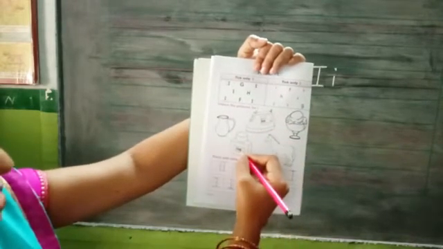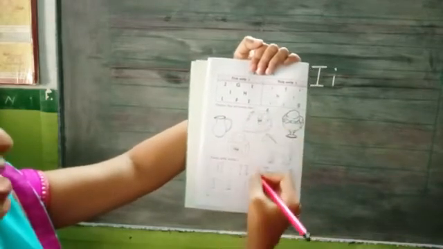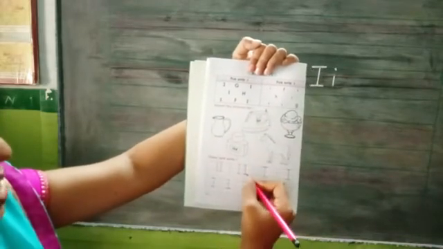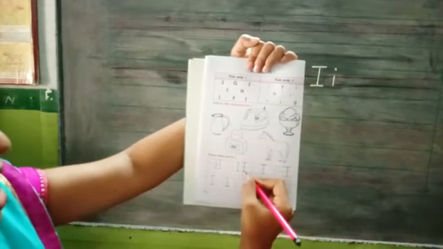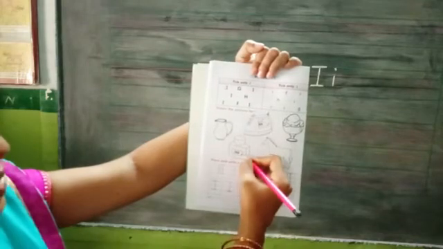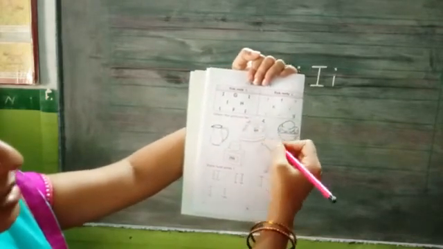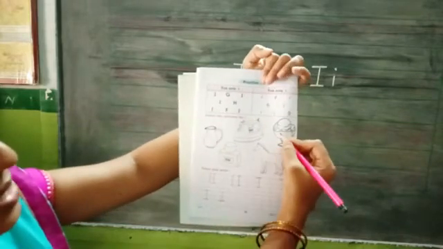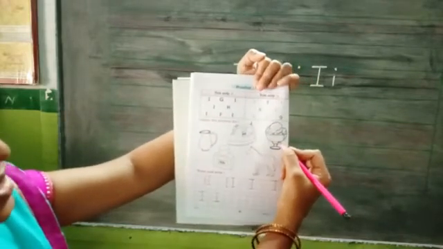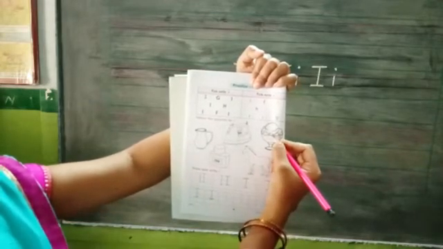I. Your I sounds E. Your I sounds I. I has I sound and E sound. Okay. So iron. Color it as you like. And ice cream. Color this ice cream of your favorite flavor.